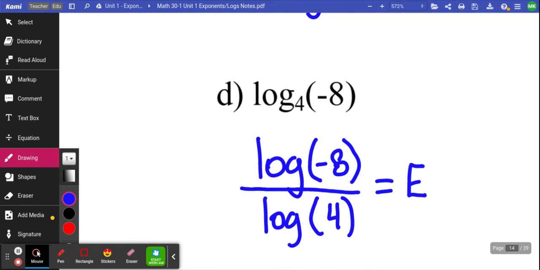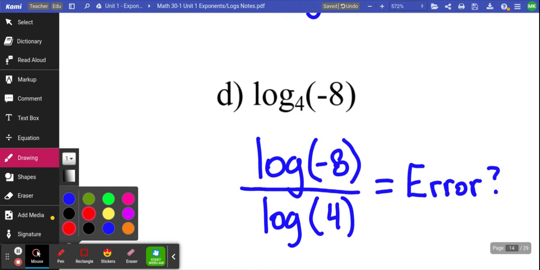Why is this an error? Why is it not possible? This negative can't happen. Remember what logs are saying. If you look back at the original log, this is saying what exponent could you put on 4 to turn it into negative 8?